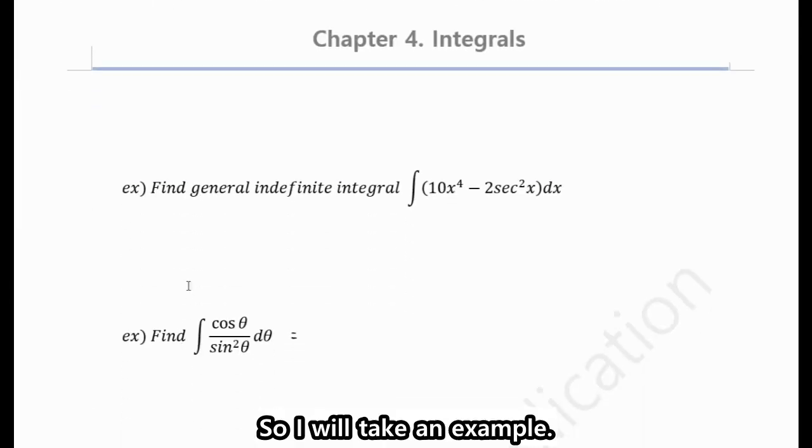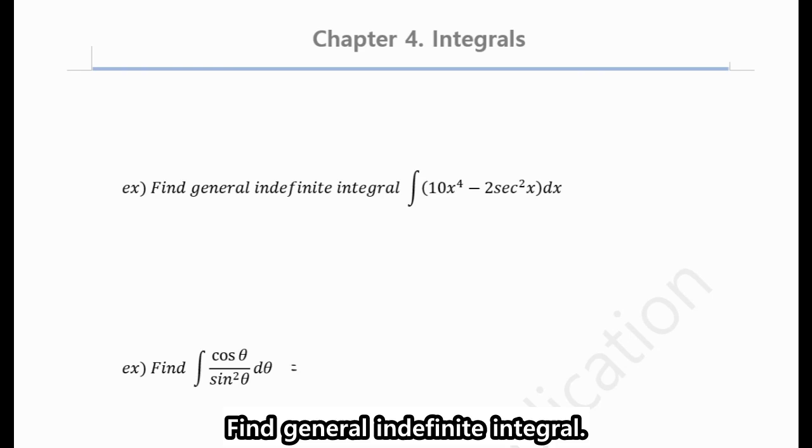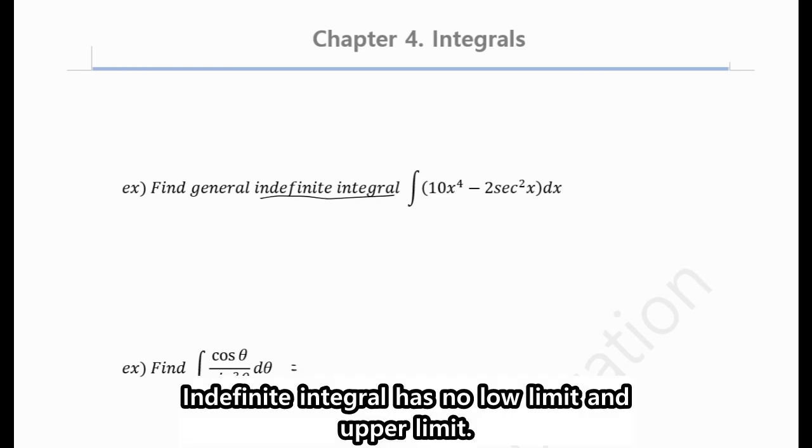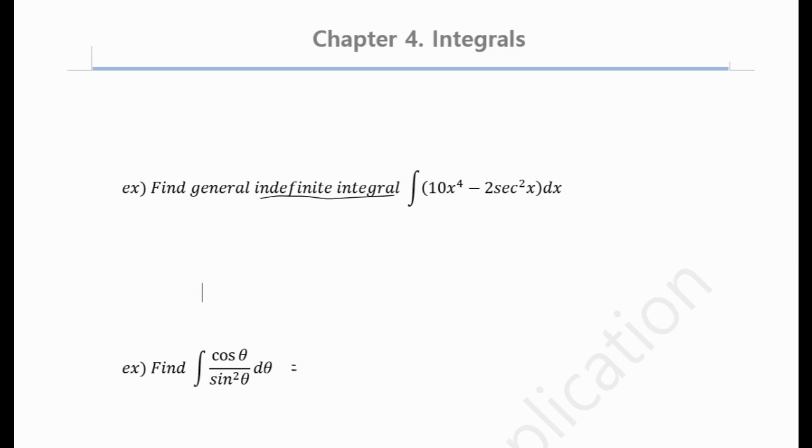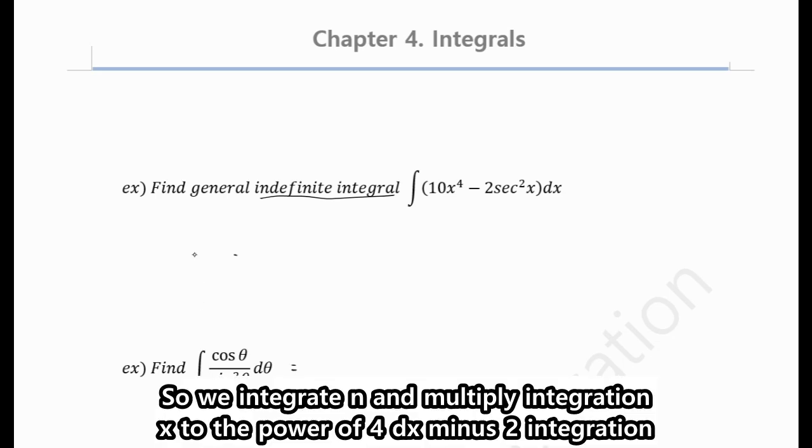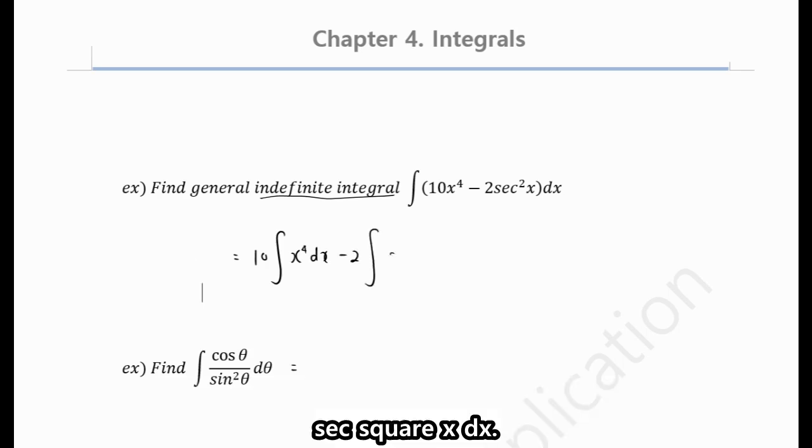So I will take an example to find a general indefinite integral. An indefinite integral has no lower limit and upper limit. So this is the integral of 10 multiplied by x to the power of 4 dx minus 2 times the integral of sec square x dx.